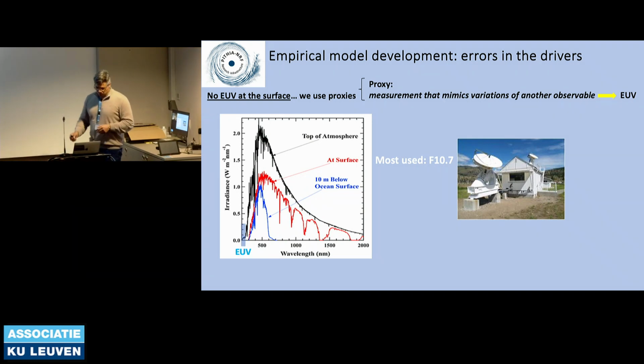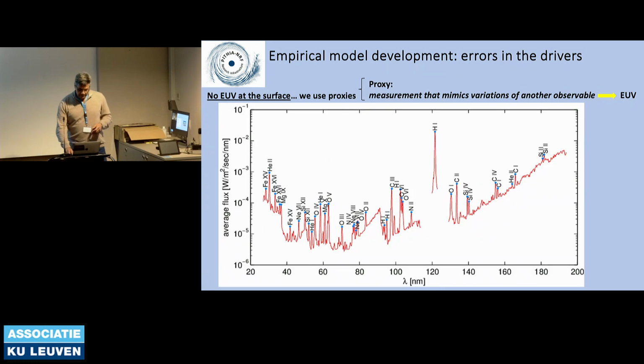So here's the EUV spectrum, what I think I showed yesterday as well. So here you have some strong lines, iron 15, helium. This is the EUV part.